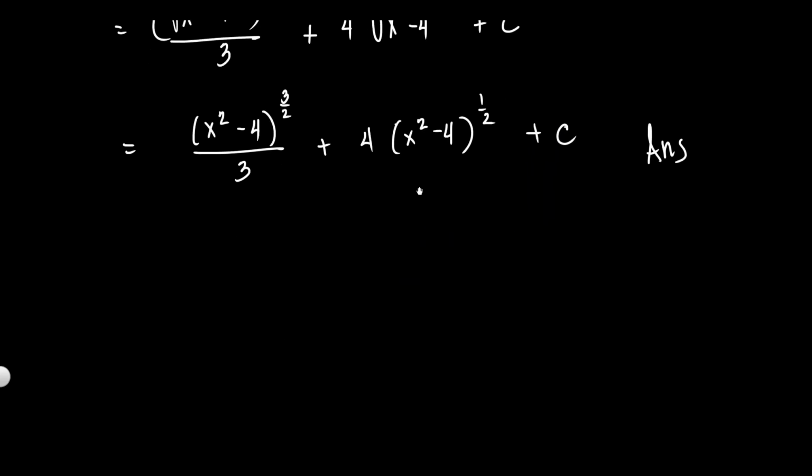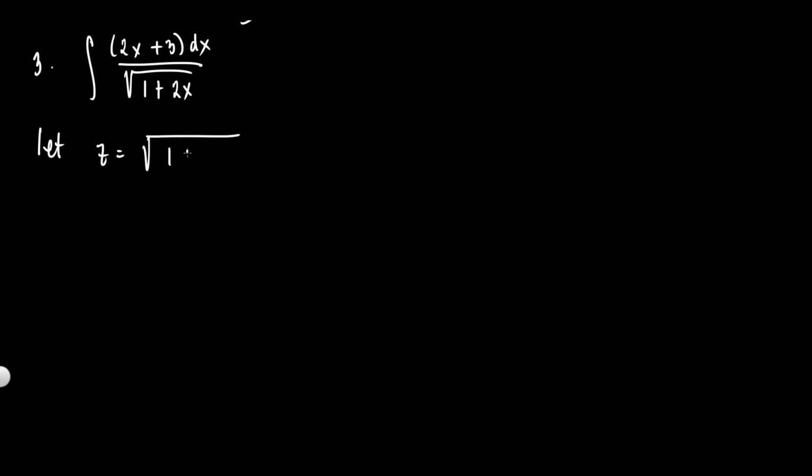Okay, another example, number 3. The integral of 2x plus 3 dx over the square root of 1 plus 2x. Let z equal the square root of 1 plus 2x.